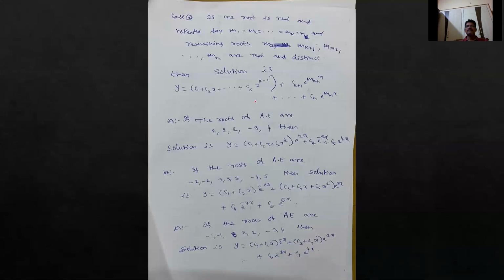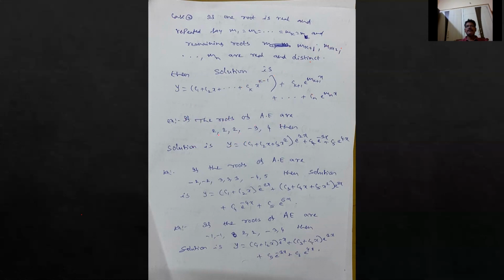For example, the roots of the auxiliary equation are 2, 2, 2 and minus 3, 4.